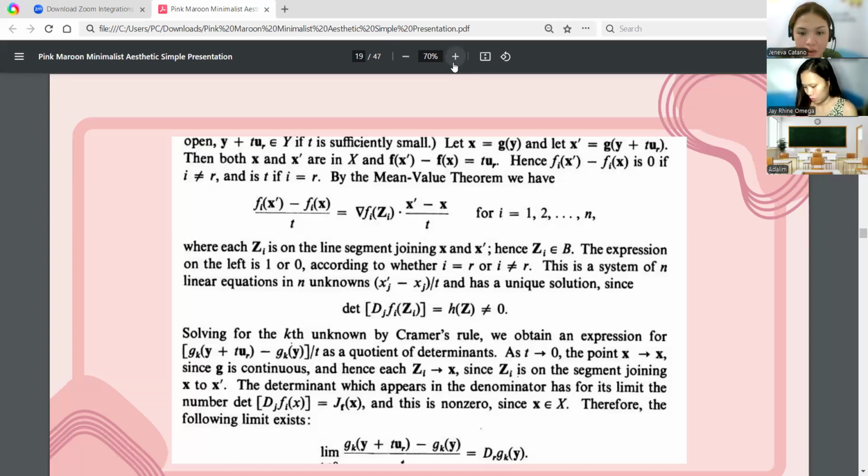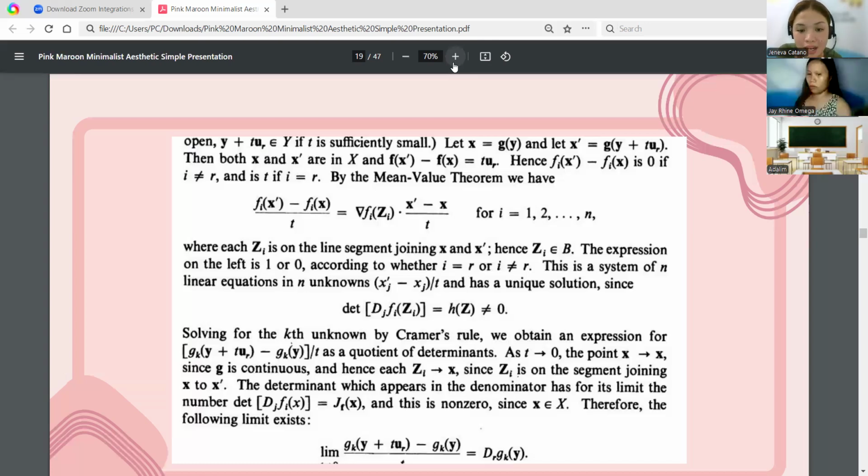Solving for the kth unknown by Cramer's rule, we obtain an expression for [g_k(y + t u_r) - g_k(y)] over t as the quotient of determinants. As t goes to 0, the point x' goes to x, since g is continuous, and hence each z_i goes to x, since z_i is on the segment joining x and x'.